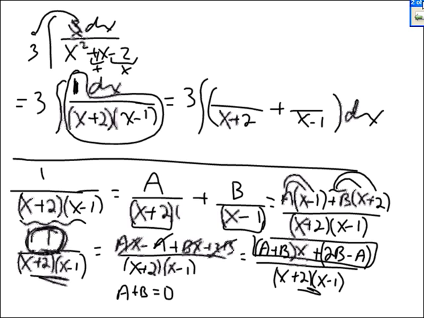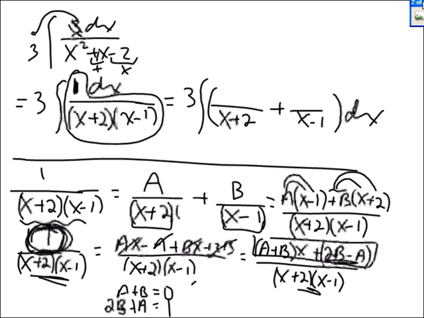It has no x's. So a plus b equals 0. 2b minus a, the constant. 2b minus a equals the constant on the left side, which is 1.